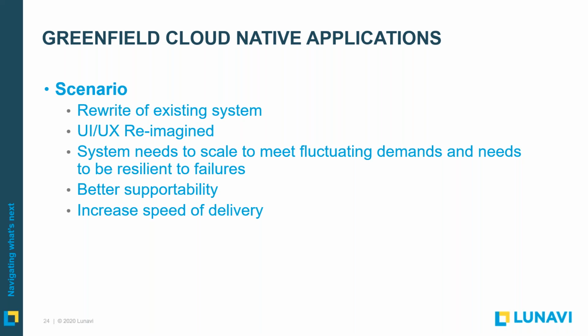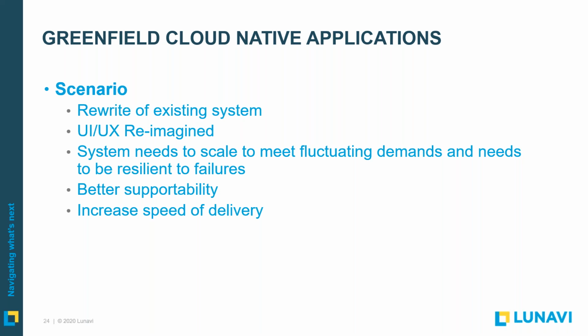And this is one where the SLA was very high. We needed to make sure it was redundant, had resiliency to failures, and could meet fluctuating demands. So we had to do all those things from the beginning, and we built those into the process. The other piece was it needed better supportability.